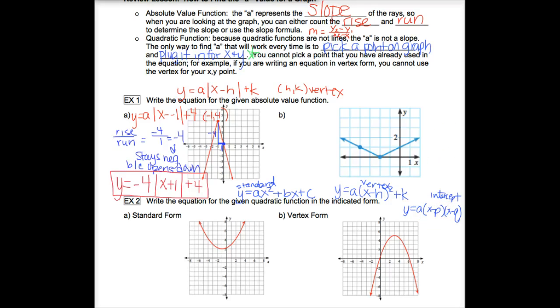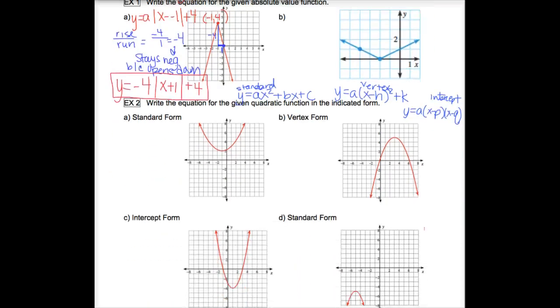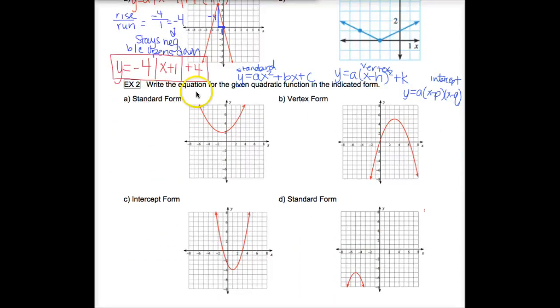So let's look at a couple of those in action. So on A, it says, write the equation for the given quadratic in the indicated form. So here I'm saying I want you to write it in standard form. Okay, so as we are looking here, I almost always use vertex form.